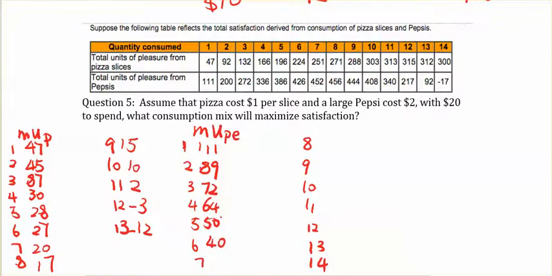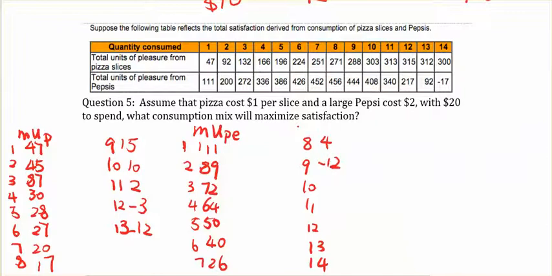Again, the marginal utility keeps decreasing. And how about the next? 452 minus 426, and we got 26. The next will be 456 minus 452, and we got 4. Oh, it's a big change. And the next, 444 minus 456, and we got negative 12.